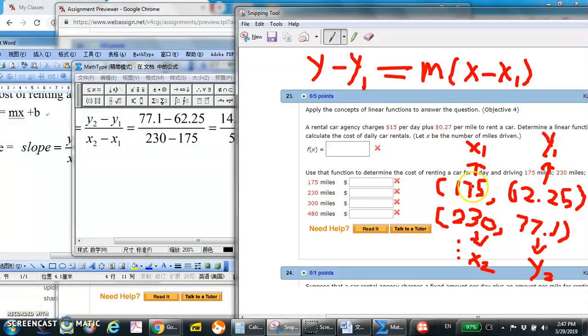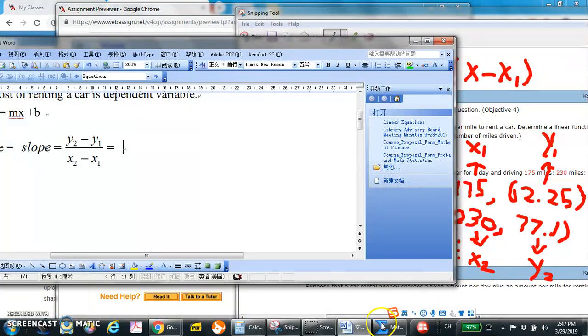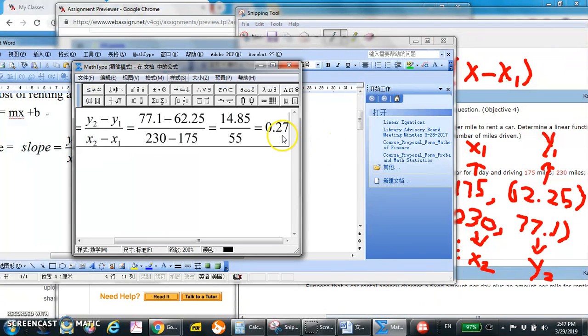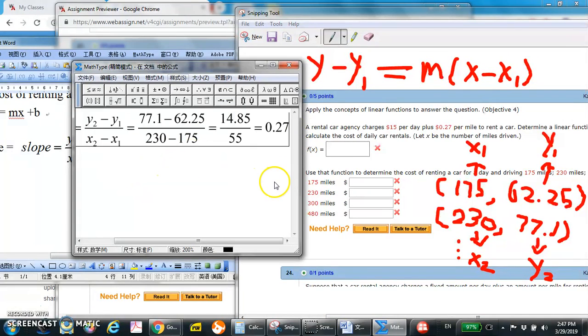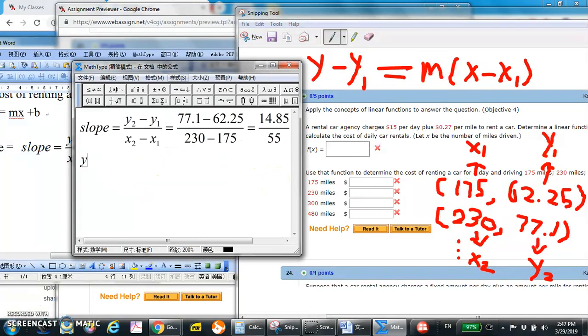So we use one of these two points, and then use the slope 0.27 we just found. So let's say I use this point. So the equation will be y minus 62.25 equals 0.27 times x minus 175.